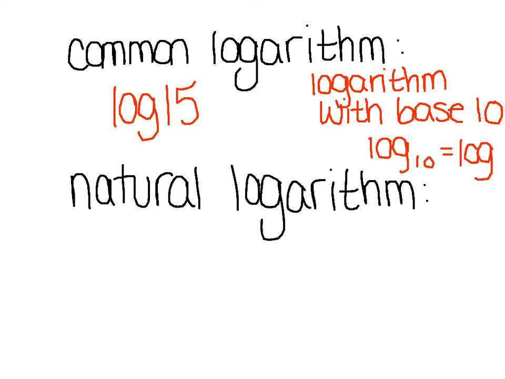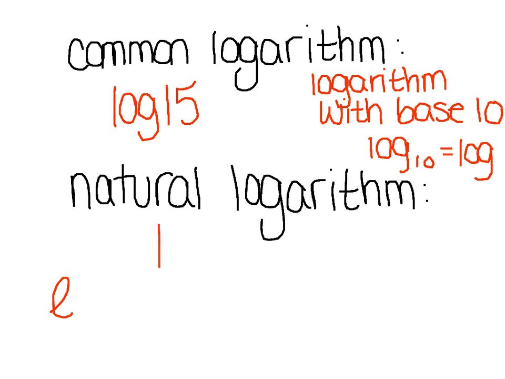Remember when we studied exponential functions, we also learned about the natural base, e. We learned e to the 1.5, e to the x, and we graphed them, we solved them. It was the natural base. Therefore, we need to have a logarithm that deals with that.